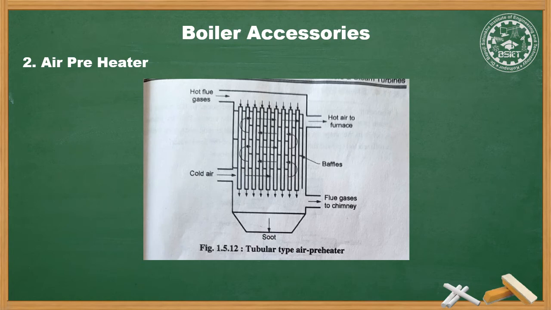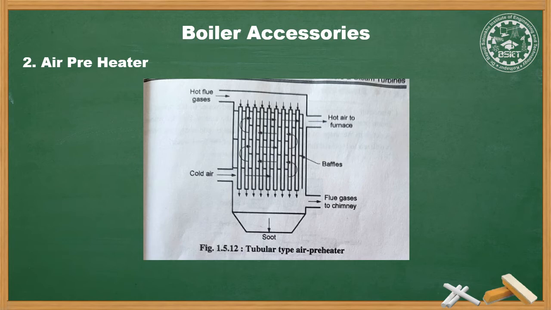The hot flue gases from the boiler enter the preheater and move around the baffle plates. The cold air enters the air preheater and is circulated within the baffles as the heat is transferred from higher temperature to lower temperature.